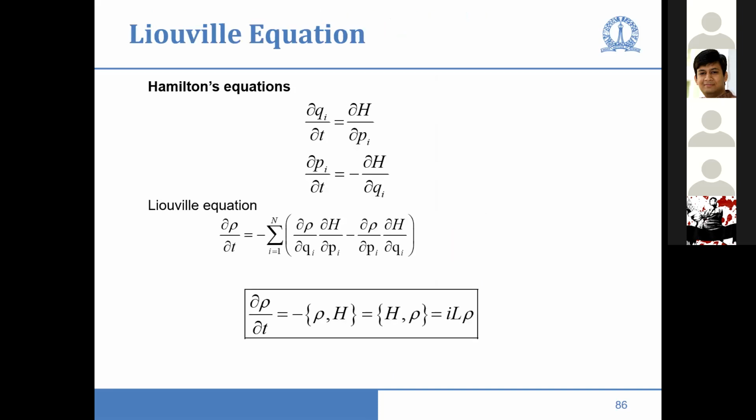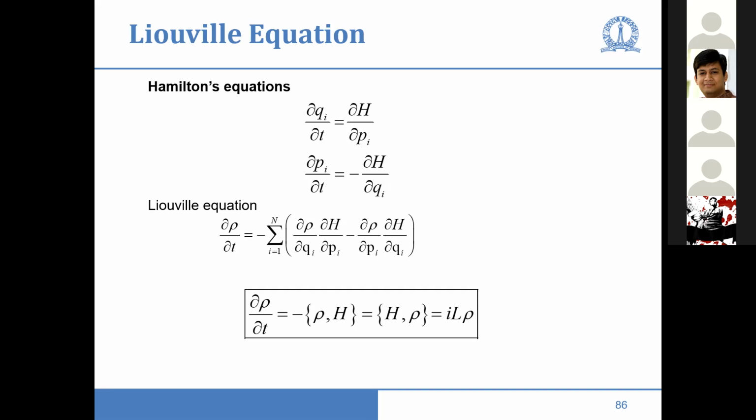Okay, so the Liouville equation is derived from Hamilton's equations, dq/dt and dp/dt. That's nothing but Newton's equation, but the Hamiltonian form has an advantage over Newton's equation in analytical work, because the conservation of energy is put in at the beginning. With Newton's equation, you put it in at the end and check that it works out.